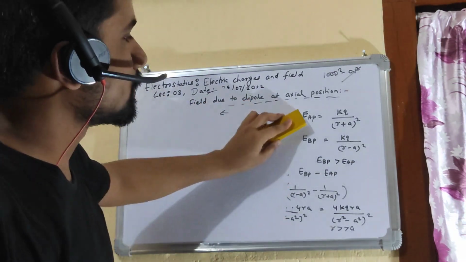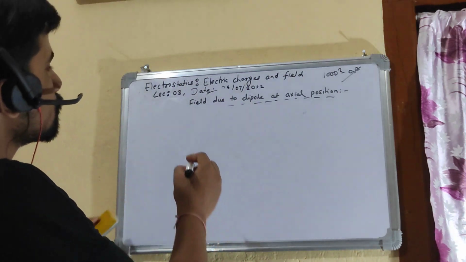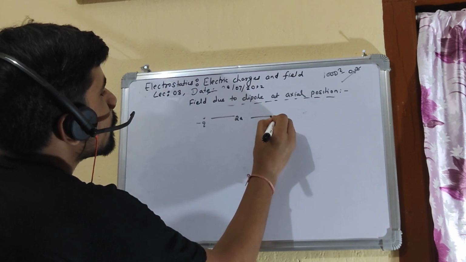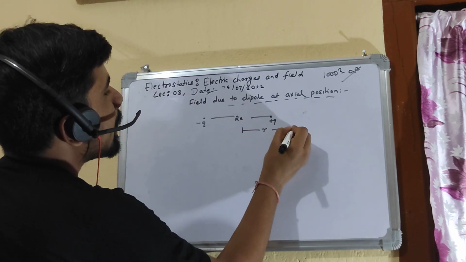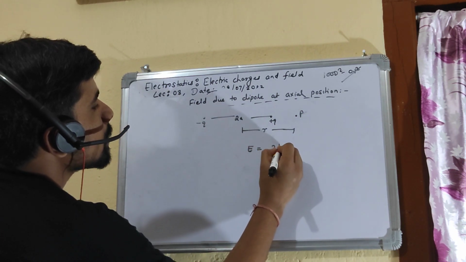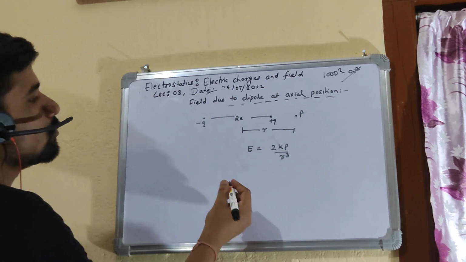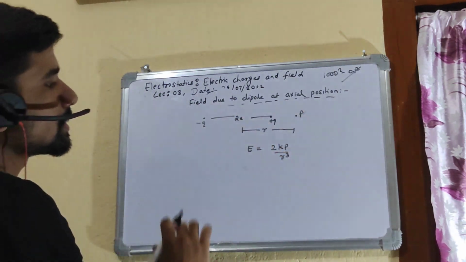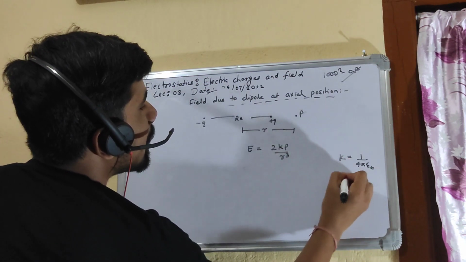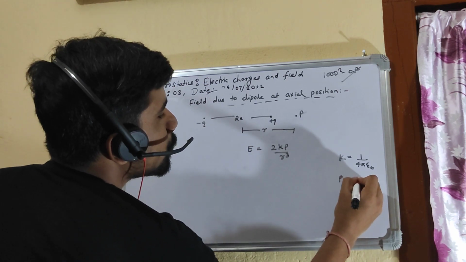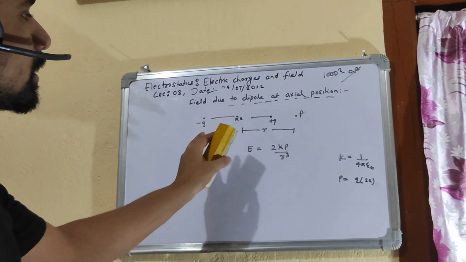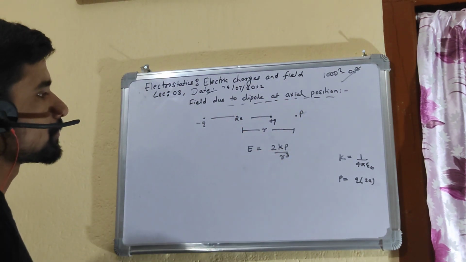Let me write it like this: minus q, 2a, plus q, and at a distance r from here at point P, the electric field is given by 2kp by r cube. You already know r is the distance from the center of the dipole. k is 1 by 4 pi epsilon naught, and p is the dipole moment, which is q into 2a, charge times distance, right? So this is the field due to a dipole at the axial position, right?